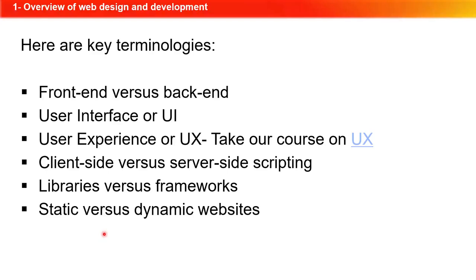There is no way for the user to interact with it. There is very limited search. Whereas dynamic involves some kind of a database or updating of data, and users can interact with it, make requests, get a response, and get a processed response.